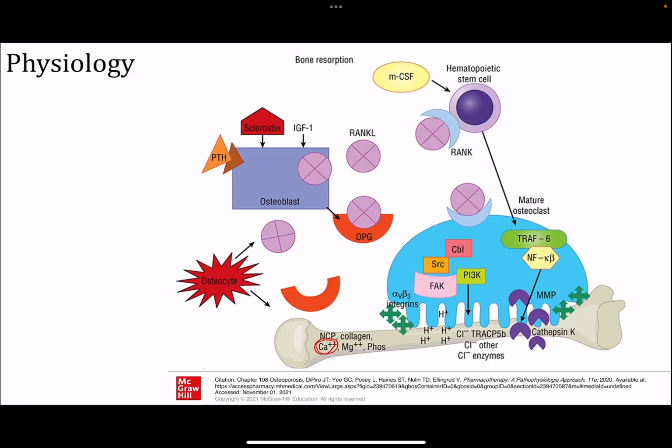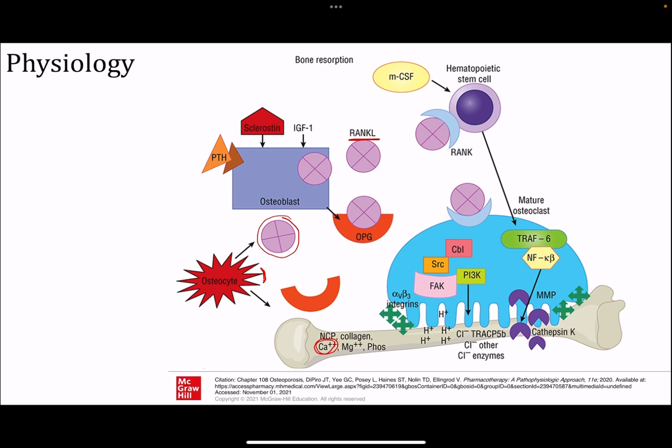And this whole process begins by osteocytes here. So when there is stress on the bone from you running or walking, the osteocytes can feel that, and they release this thing here. It's called the RANK ligand, or the receptor activator of nuclear factor kappa B ligand.